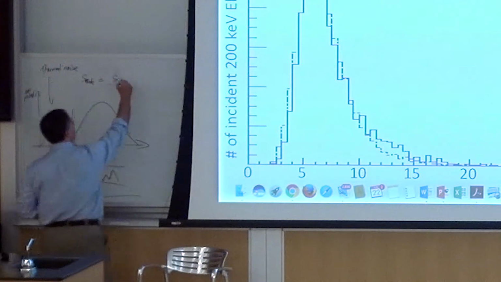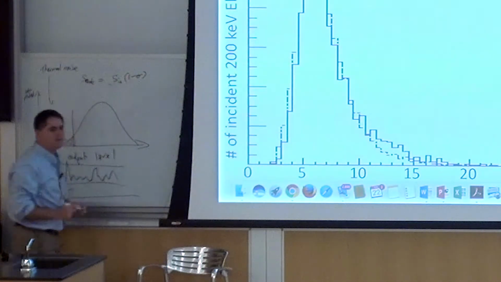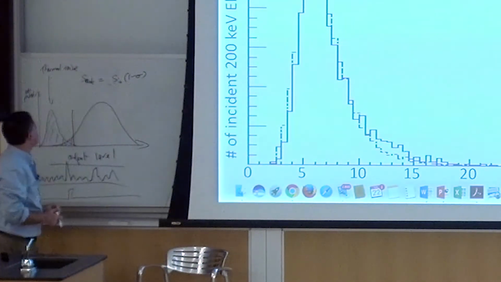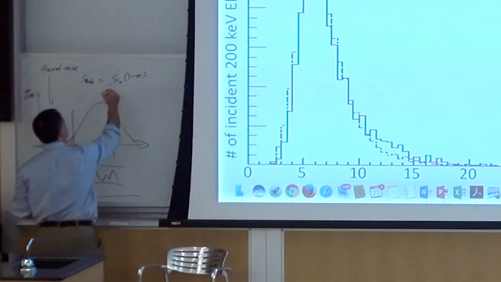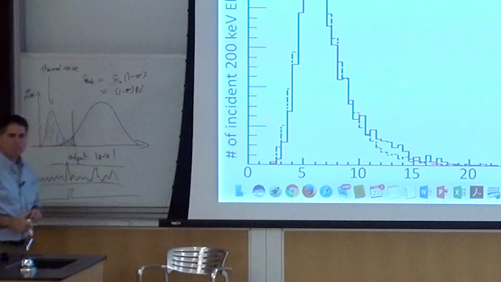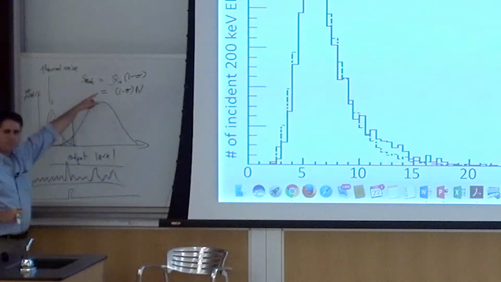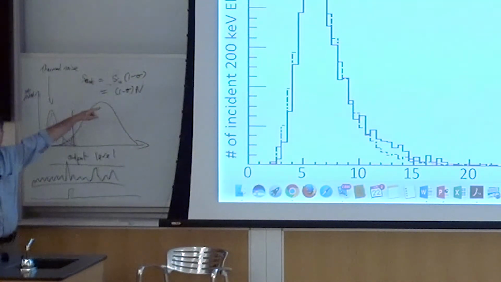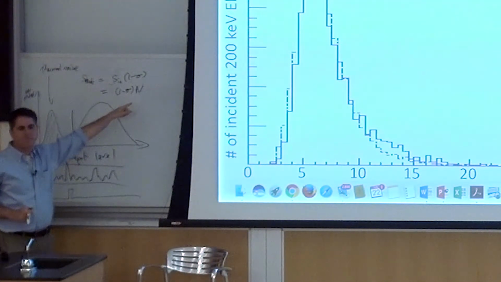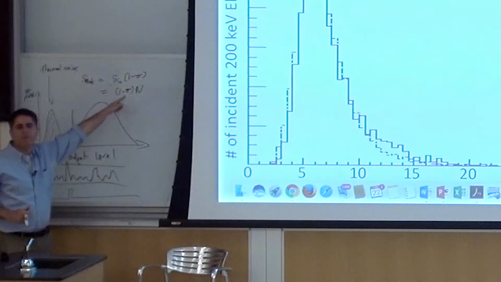So signal out is, say, 1 minus sigma times n, and that's the little piece that you're missing. Remember, the DQE is proportional to the signal-to-noise ratio on the output squared, which means it's proportional to (1 minus sigma) squared. So the fact that I'm missing counts directly reduces your DQE.